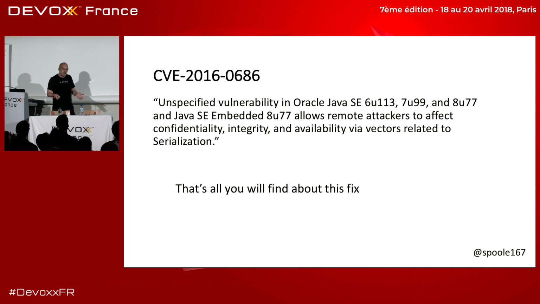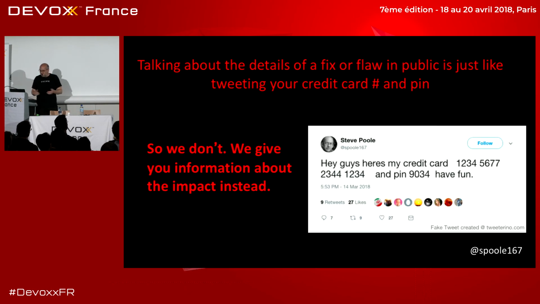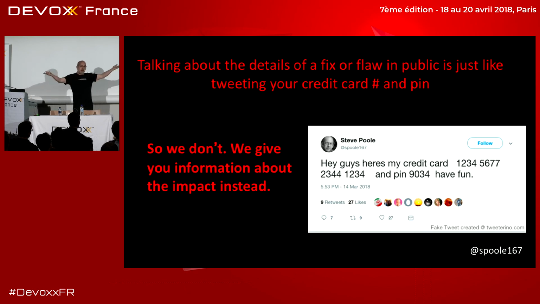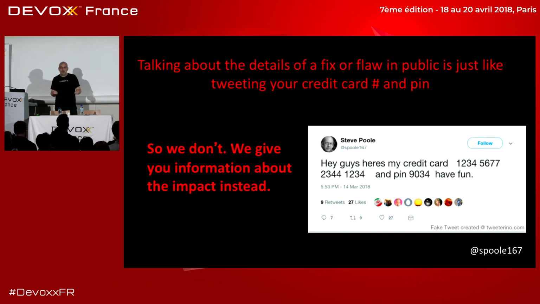Because what happens if I share publicly all the information about a particular vulnerability? Well, I'm giving it away. And the analogy is us sharing the details of how you could be hacked is the same as me tweeting my credit card and PIN number. Okay, I just give it away. Have my money.